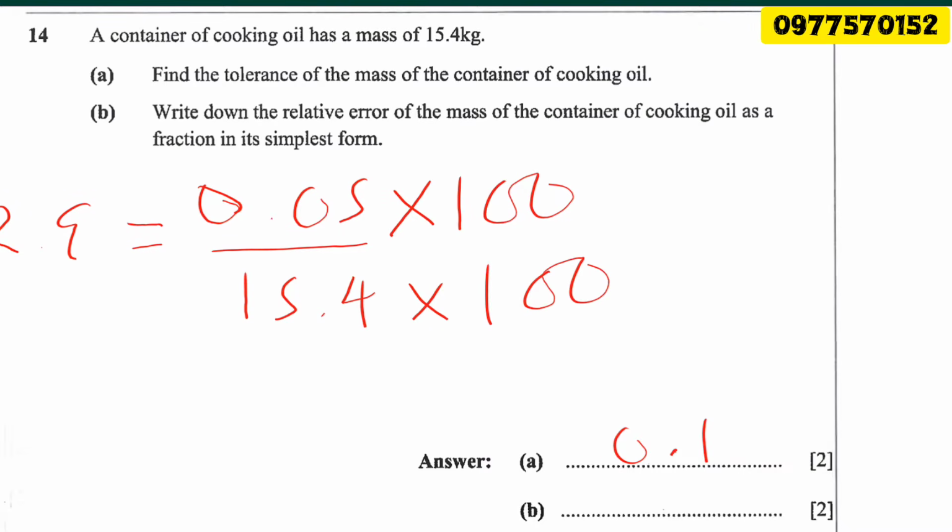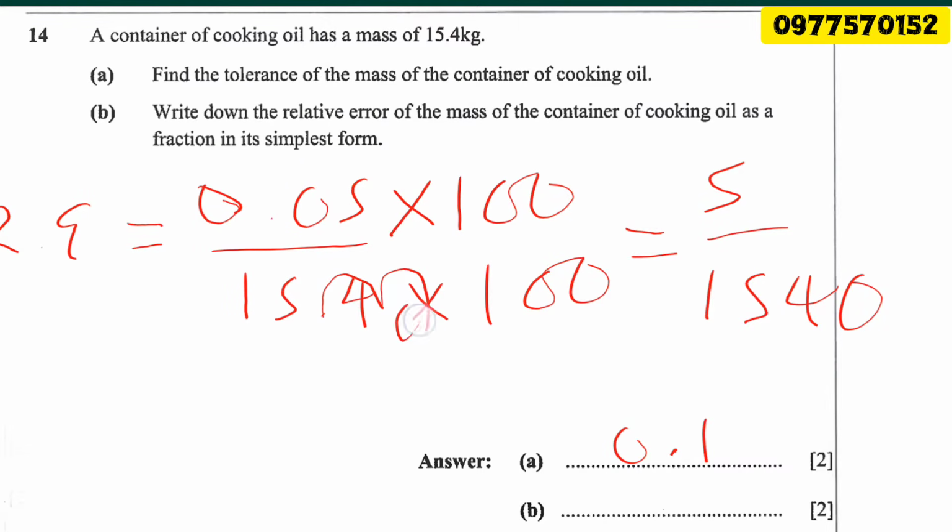When you multiply this one by 100, we are going to have just 5. Then this one, when we multiply by 100, we're going to have 1540, because this decimal is going to move twice, and we just remain with a 5.